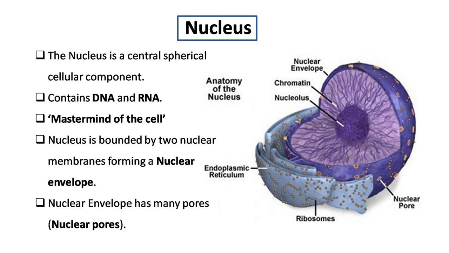It also controls all the metabolic activities in the cell. Now the nucleus is bounded by two nuclear membranes, forming a nuclear envelope. The nuclear membrane has many pores, which facilitate transfer of substances between the nucleus and the cytoplasm.